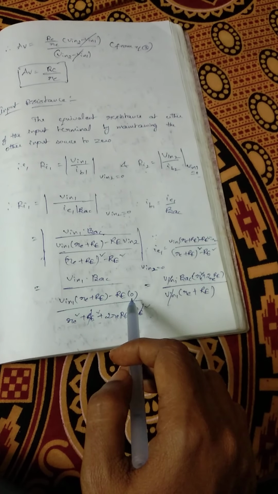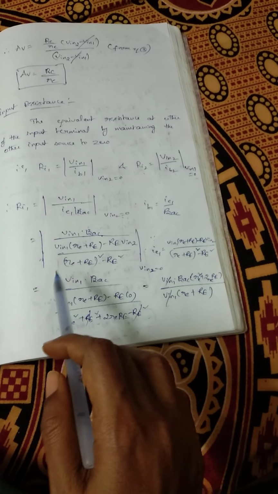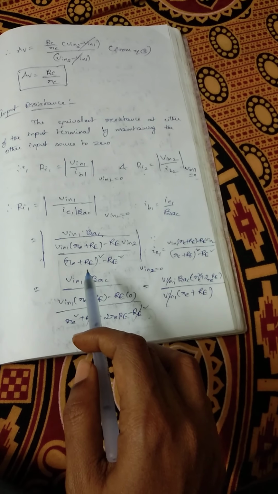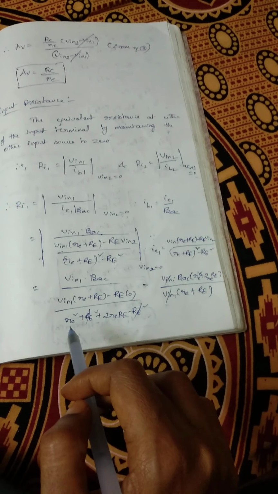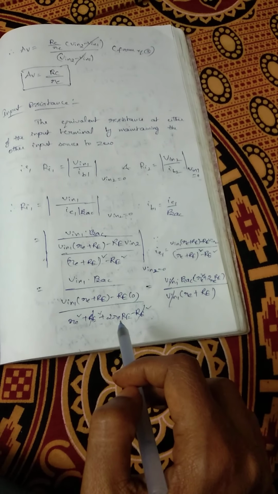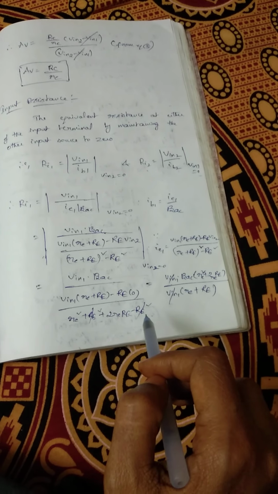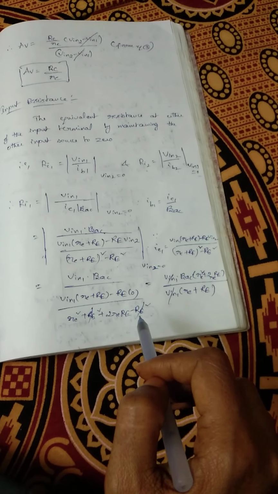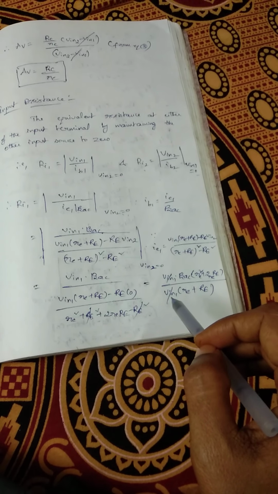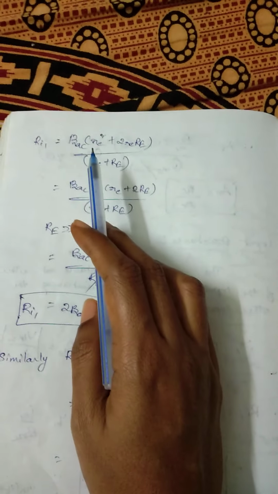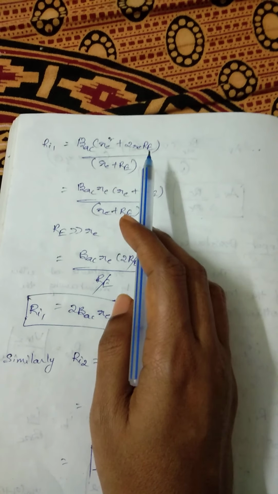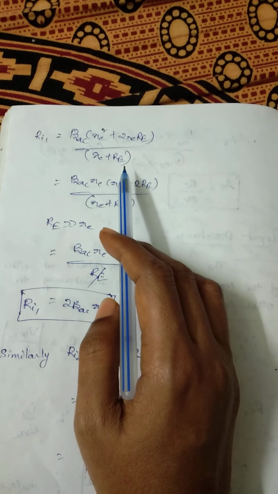So that is capital Re into 0, by, if you expand this term, that is (Re plus capital Re) whole square, then we can get Re square plus capital Re square plus 2 Re into capital Re minus capital Re square, and capital Re square will be cancelled, and here we can also cancel the values of Vn1, and finally we can get the value of Ra1 is equal to beta Ac into (Re square plus 2 Re into capital Re) by (Re plus capital Re).